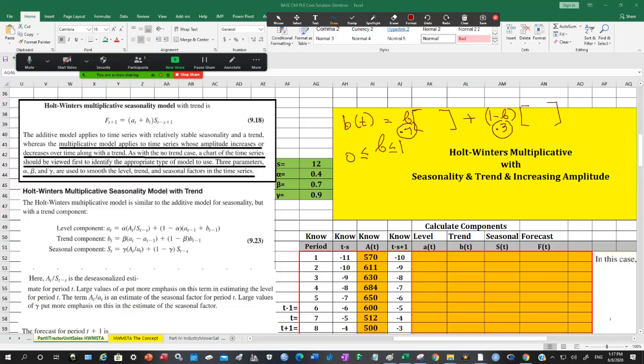So again, whatever this thing here is, we count that more than whatever is inside the second brackets. We then have the seasonal component, S of t, which is gamma times something plus 1 minus gamma times something else. This here is a ratio of the actuals over the level component.